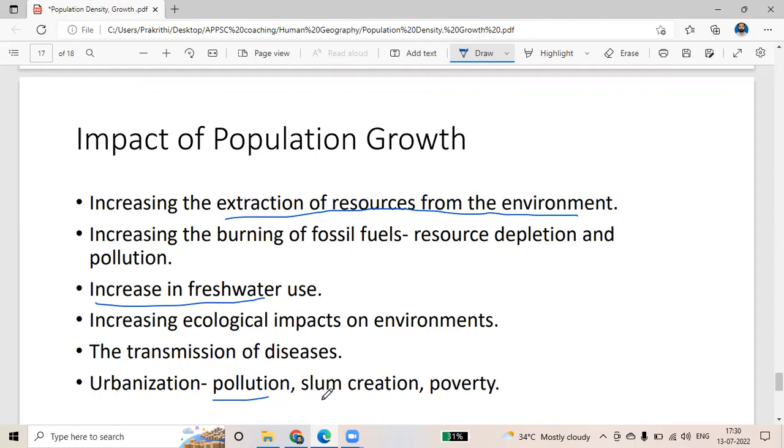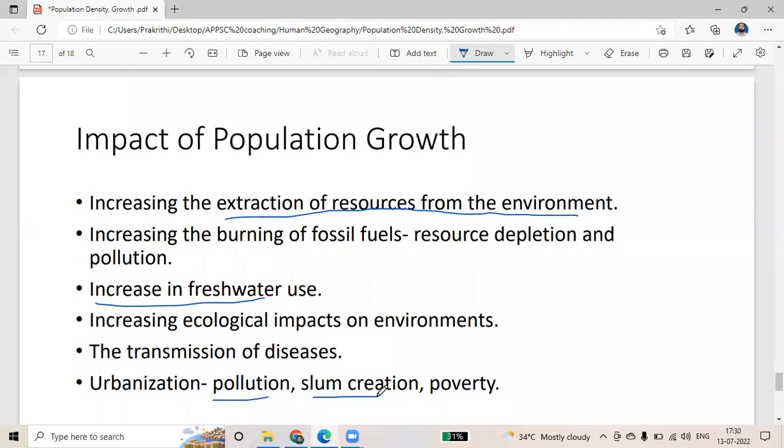Another one is slum. बहुत ज्यादा slums create होगा उस एरिया पे, so living standard कम होगा, living condition कम होगा, human development index जो भी हो वो सब नीचे आ जाएगा because of this urbanization. And also the poverty.